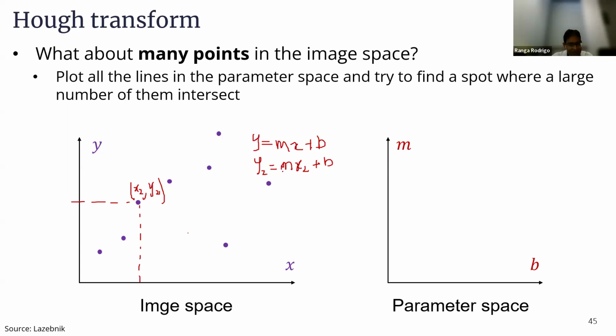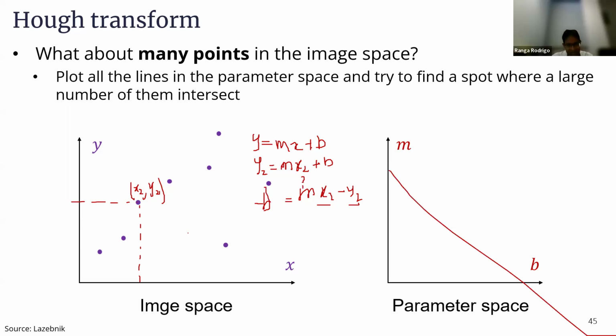But here we don't know m and b, so m and b are the parameters. So finally we can get minus b equals mx2 minus y2. So now you can see this is like another line, but x2 and y2 are coefficients, m is not known, b is not known.